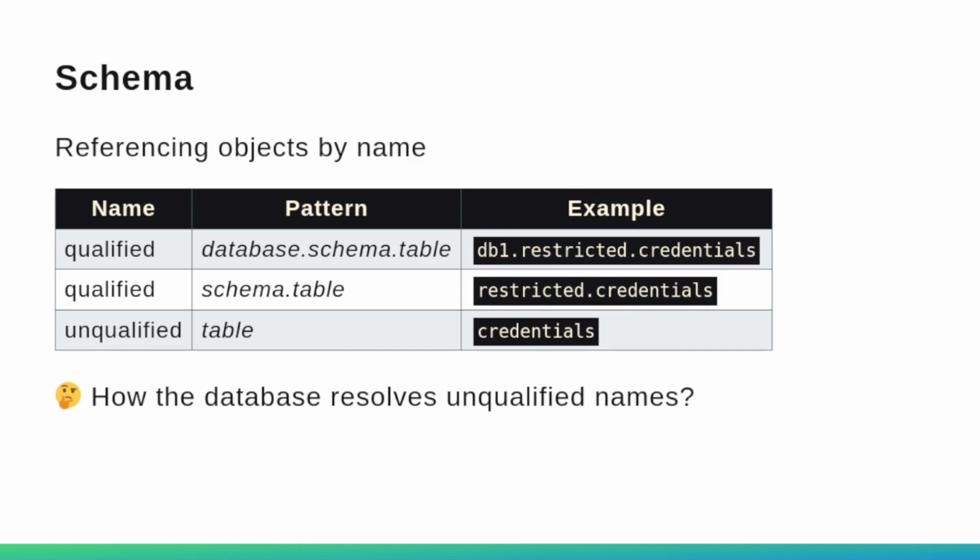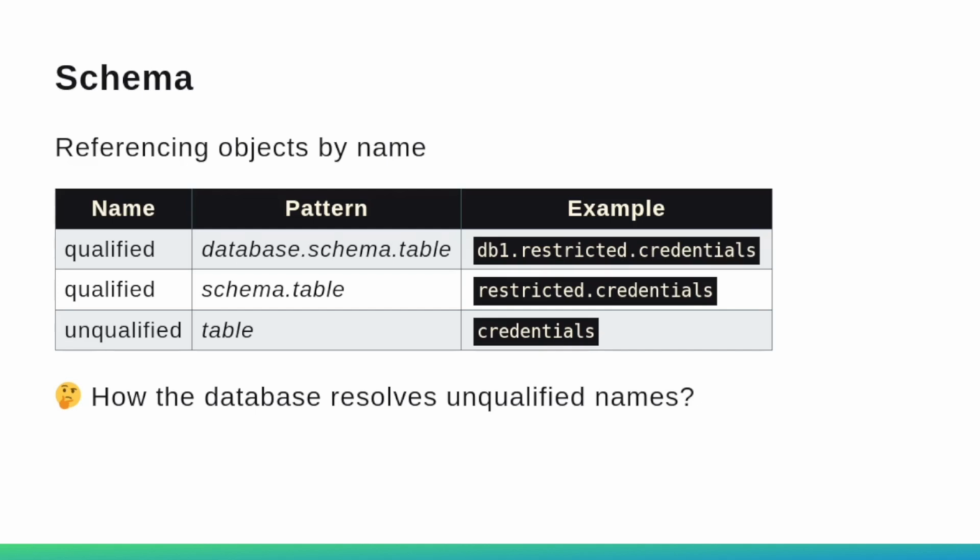In our case, that would be db1.restricted.credentials. This is not very common. It's not very common to include the name of the database in the name. So what you would usually see is the name of the schema and the name of the table. In our case, restricted.credentials. When we created the table, we used restricted.credentials. When we then query the table, we use this qualified name.